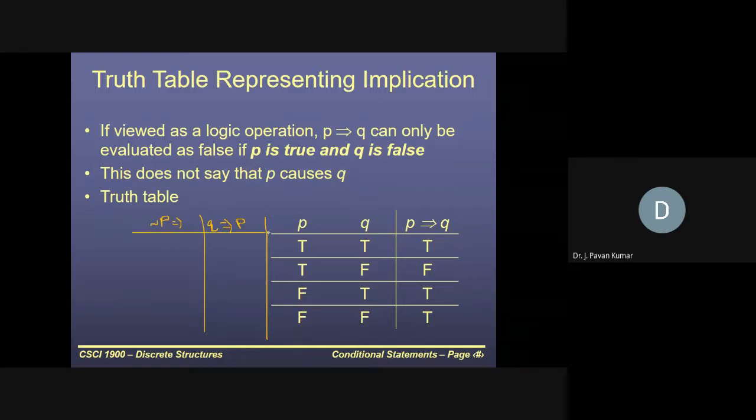Q implies P is called the converse. So now, what is the truth table for Q implies P? Please tell.